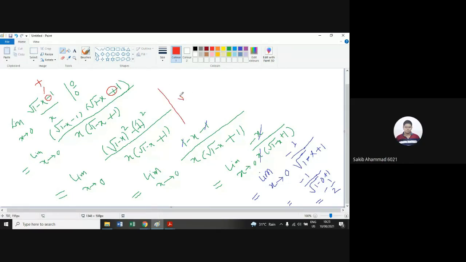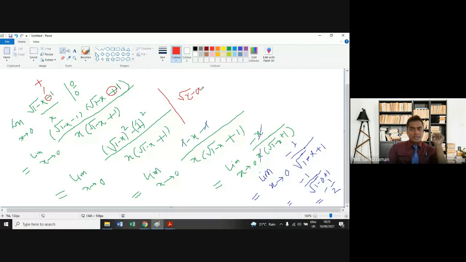Suppose it is like this: x minus a plus square root of 5, divided by x. Then what will I write? Can you tell me?